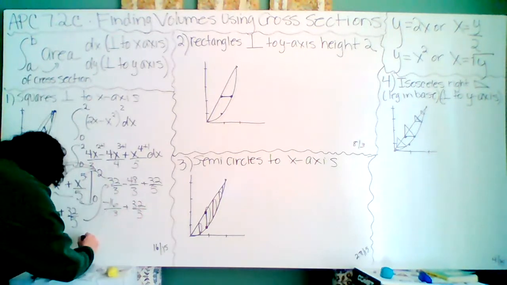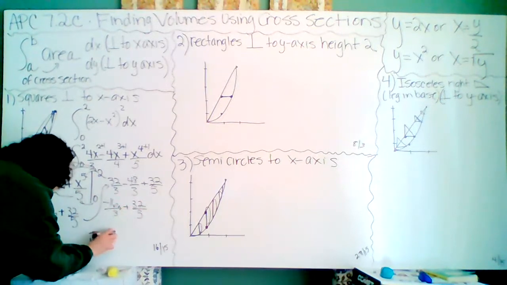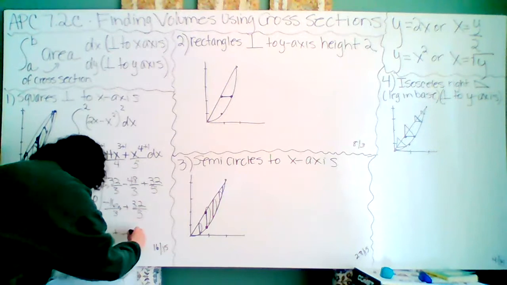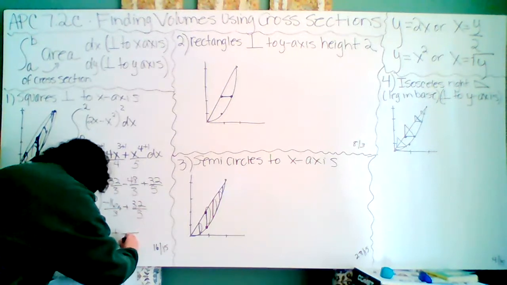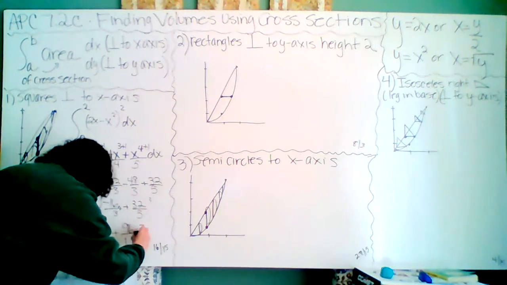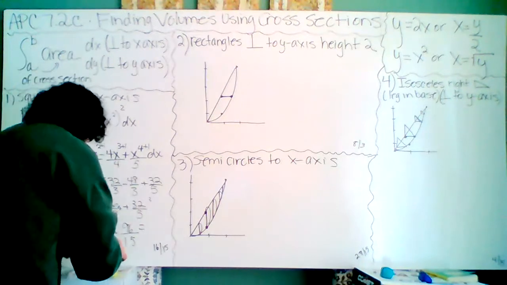So that would be multiplied by 5, so negative 80, and 32 fifths multiplied by 3 gives 96, and not so bad, I get 16 fifths.